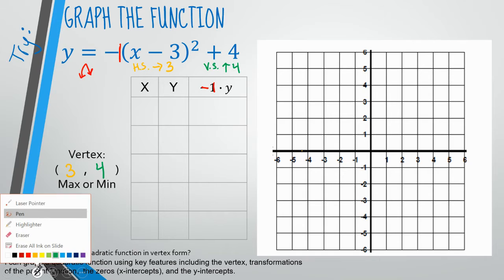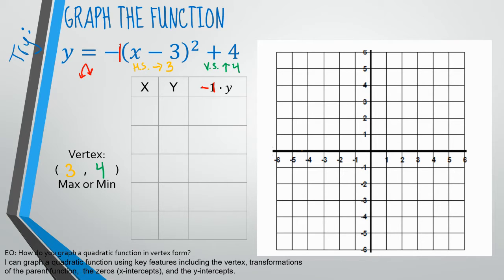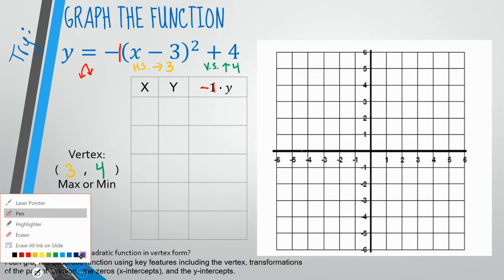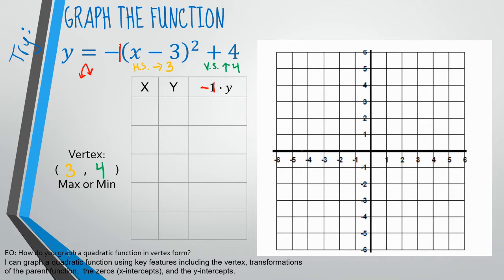All right, typically when we do our graph, our reference points, remember, if we go right 2, we went up 4, left 1, we went up 1, 0, 0, right 1, 2, 4. But here's what's going to be different.